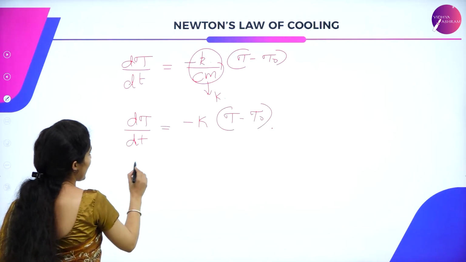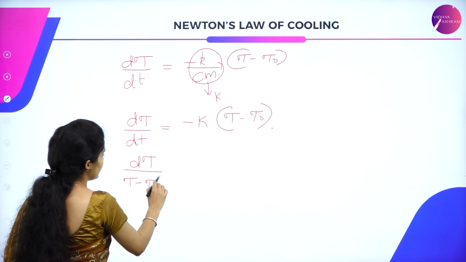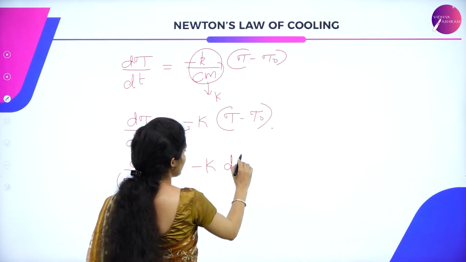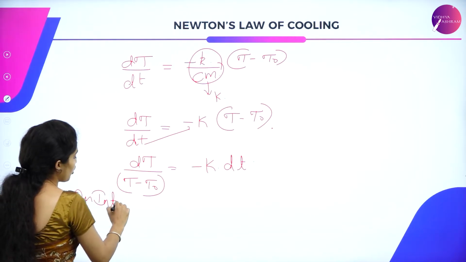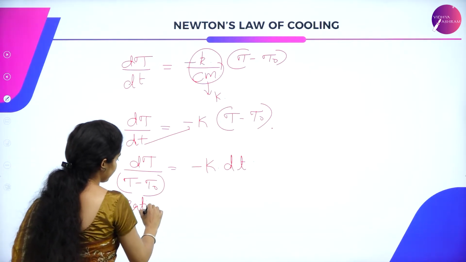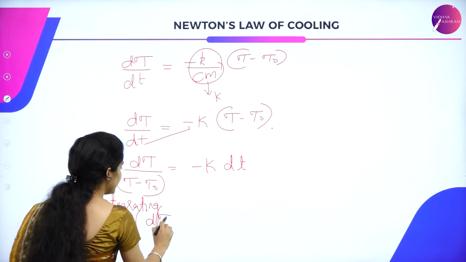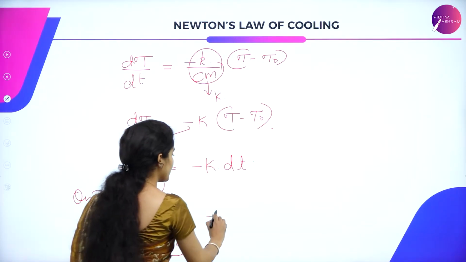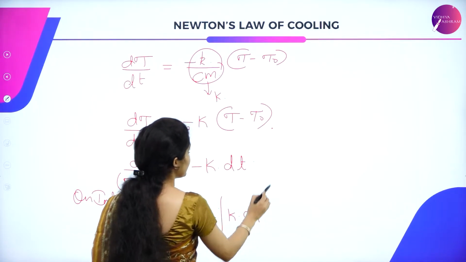Now we have dT divided by (T minus T naught) is equal to, this term goes to the other side, minus K into dt. Now we have to integrate these terms. On integrating, we have the integral of dT divided by (T minus T naught) equal to minus integral of K dt.